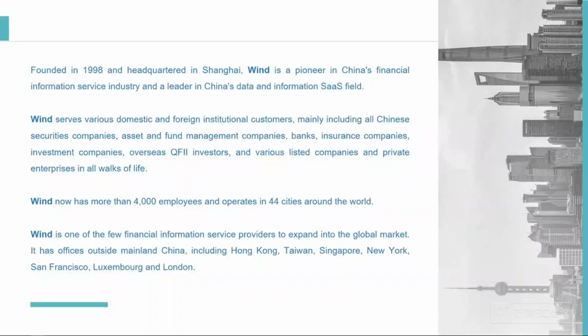Again, before we dig into the terminal, I would like to introduce our company briefly. Wind was founded in 1998, and after over 25 years of dedication, we have become the leader of financial information providers in China. Our clients include the world's top investment banks, as well as research agencies, financial institutions, and so on.